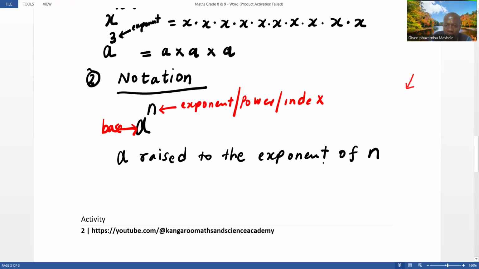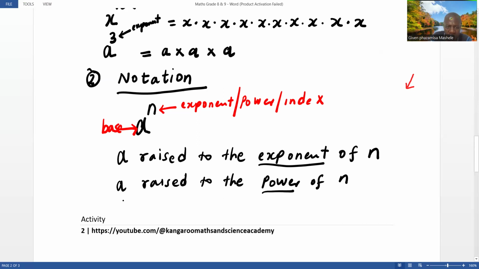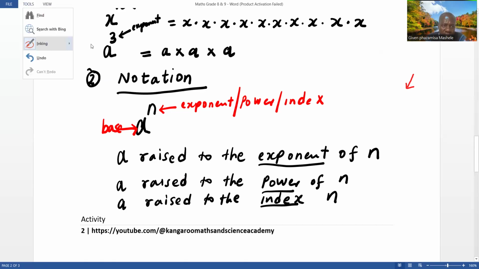Or we can say a raised to the power of n, or a raised to the index n. So we use the words index, power, and exponent interchangeably. We either say a to the exponent of n, or a raised to the power of n, or a raised to the index n.